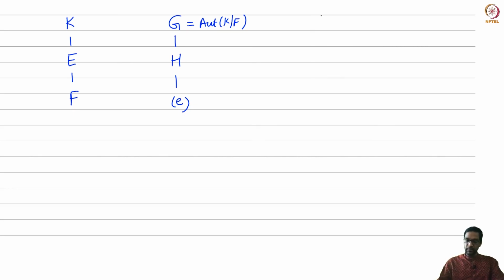And now observe something more. What does the Galois correspondence say? To each H, if I associate the field E, which is the fixed field of H, KH, then that's the bijection, the correspondence from groups to subfields. And again we have a map in the other direction also.